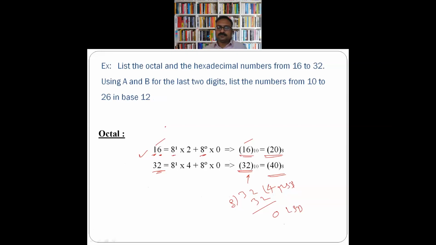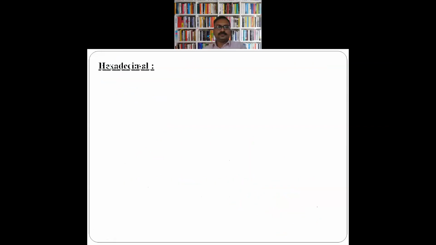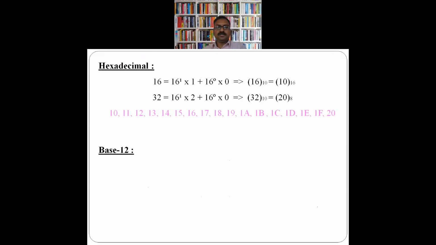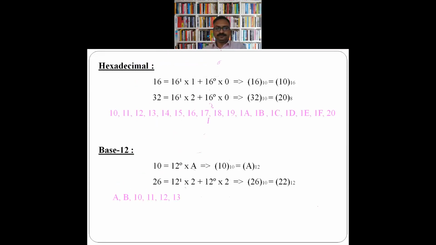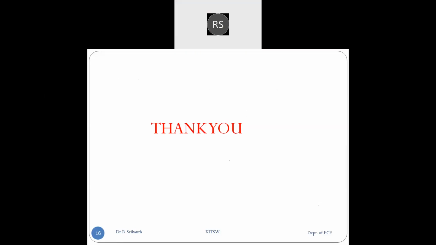We will take 40. Similarly we will do this for base 12 also. So this is the conversion of numbers from one base to numbers with another base.